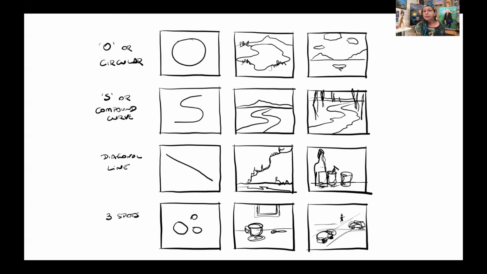Then you have the diagonal line, which again can be done by a mass, like a big element, or it can be done by several elements coming together on a diagonal in your composition. You have the 3 spots, and let's bring up why 3 and not 2. 2 objects will create the idea of opposition, so it doesn't cause harmony.